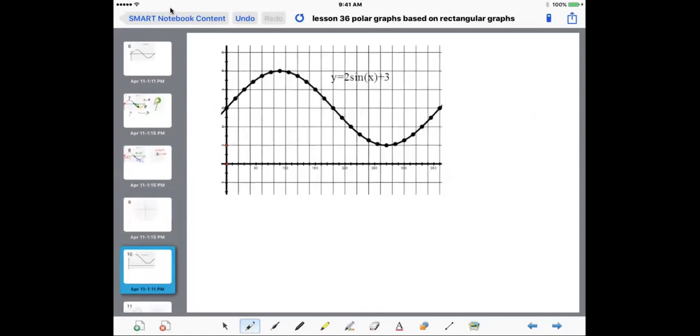Because now we're going to get to see, in the warm-up question, it was r equals 2 sine theta plus 3. Well, over here, I'm going to compare it to 2 sine x plus 3, which is a sine curve that's been shifted up.